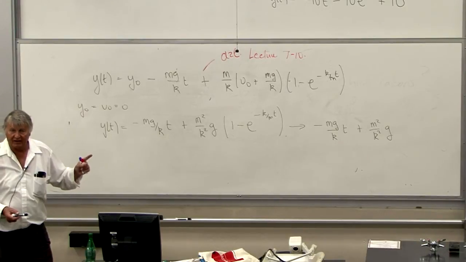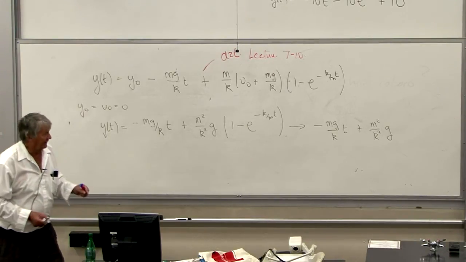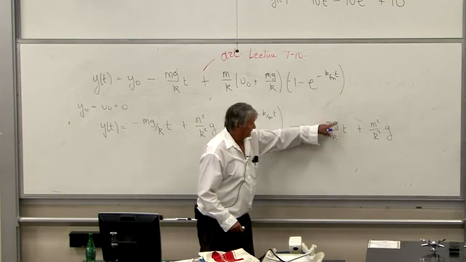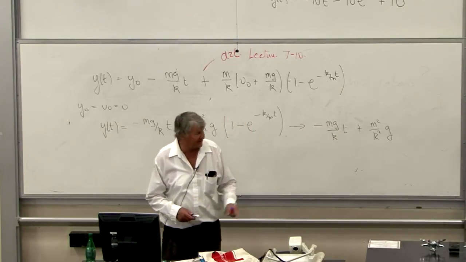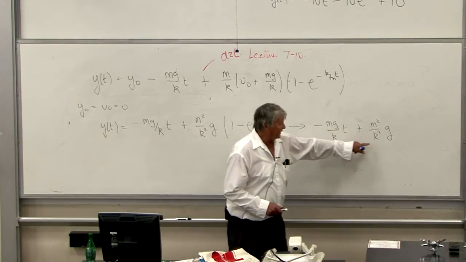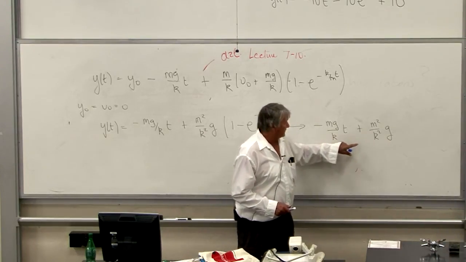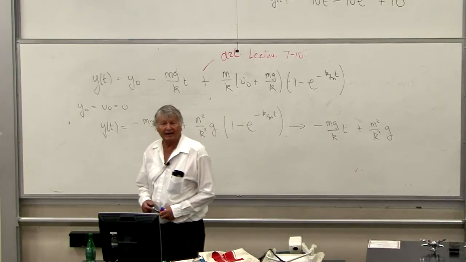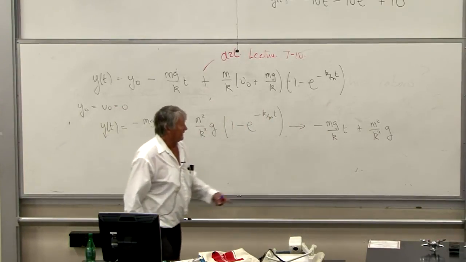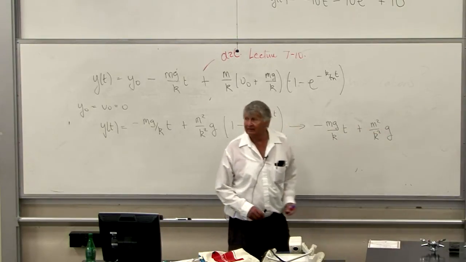It tends to a straight line with slope this, which in our case was 10 or minus 10. And it seems to be a straight line whose intersection at t equals 0 is this, which is 10.